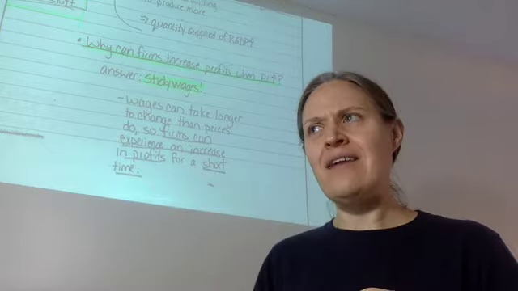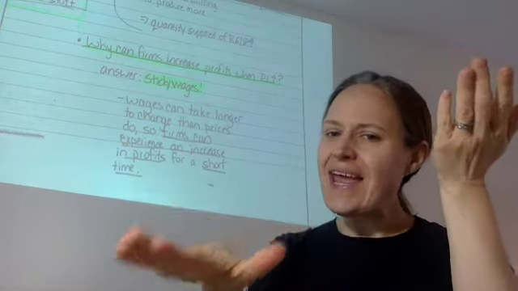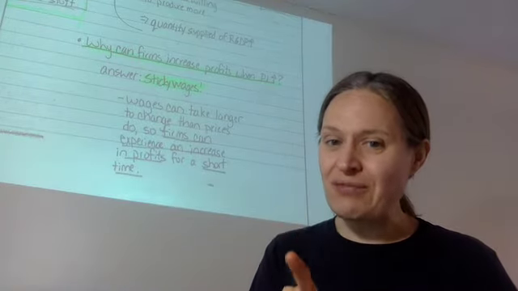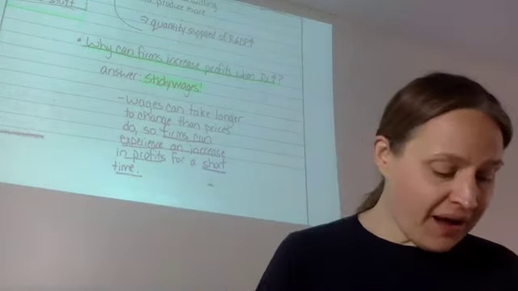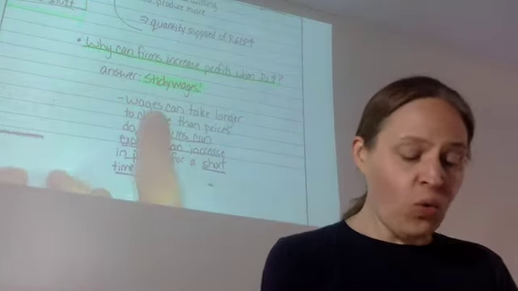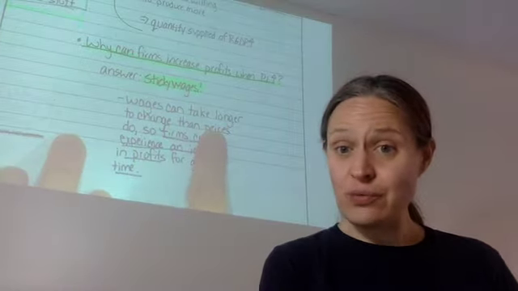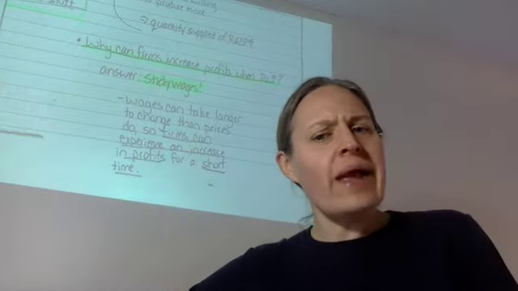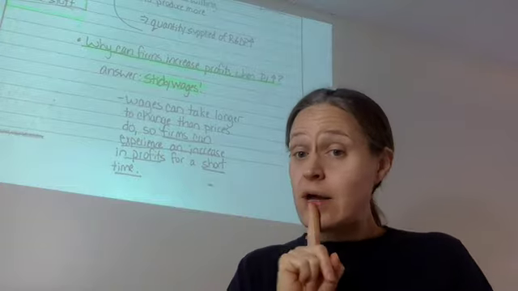Which means that they get to increase the price on their good and service, but they still get to pay their workers that old price for at least a short amount of time. Which means that their profits can go up because wages take longer to change than prices do. So it takes a while for all of those employees to start being like, I see you increased the price of your product.